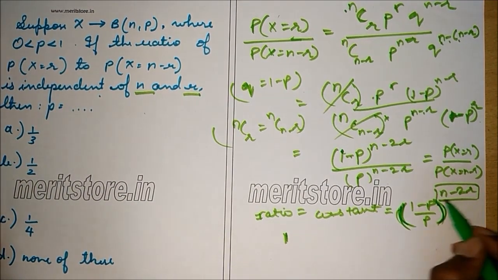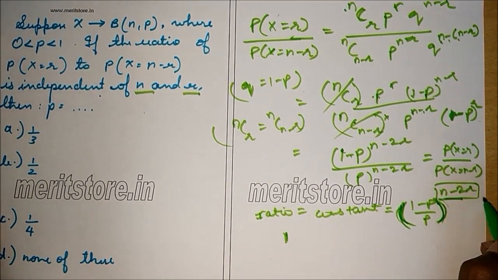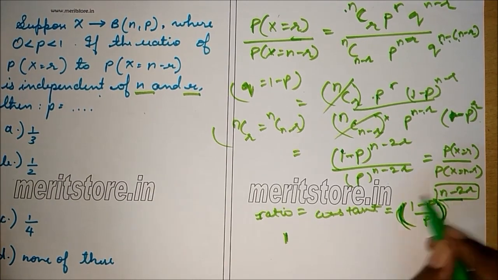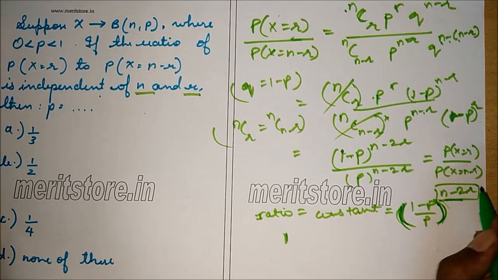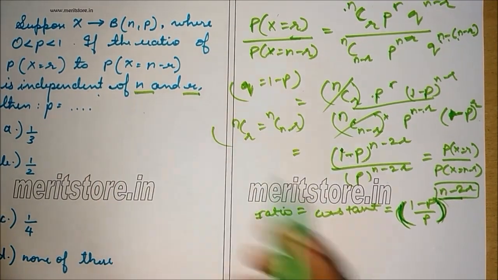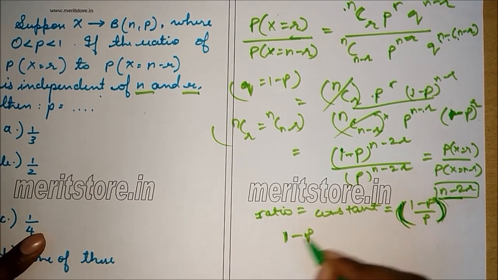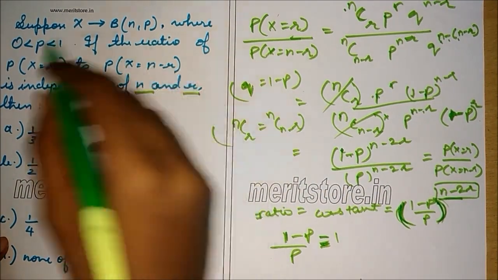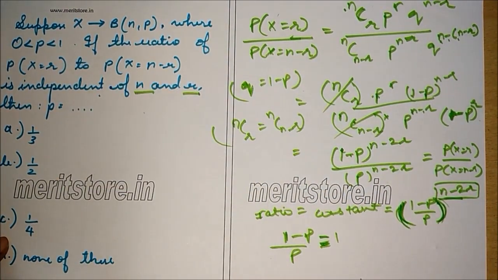If this is 3, answer will be 1. If this is 4, answer will be again 1. So the answer won't change even if the power changes. So (1 minus p) by p should be 1 for this to be independent.